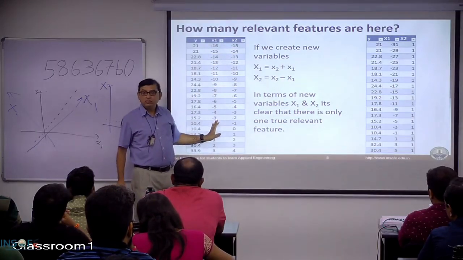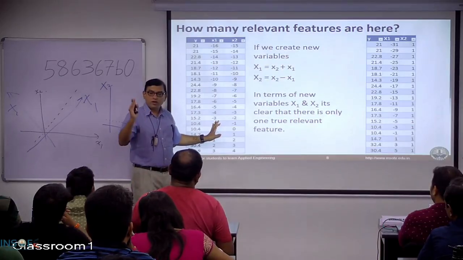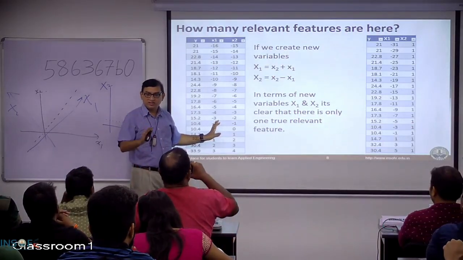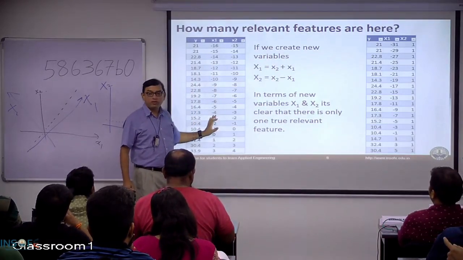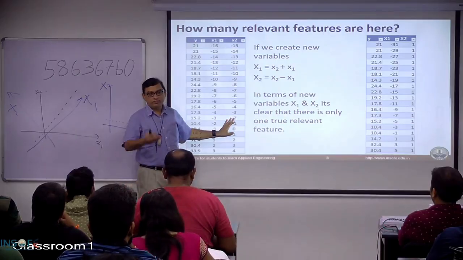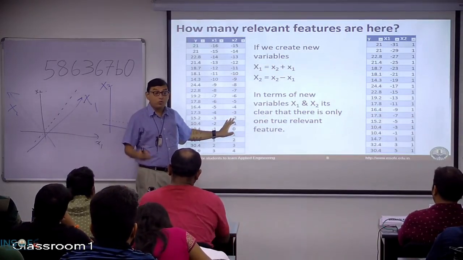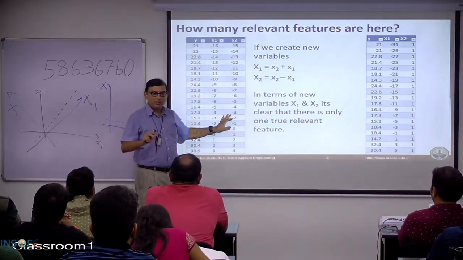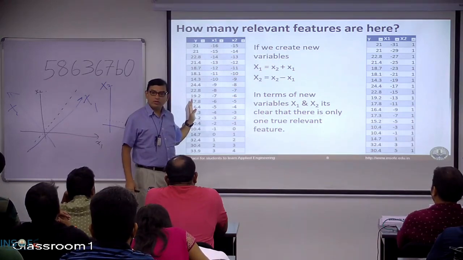X1 might represent, think of the cars data set. We are trying to predict mileage per gallon with weight and horsepower. These are the variables with which I am working.